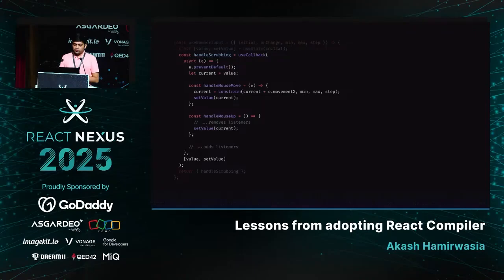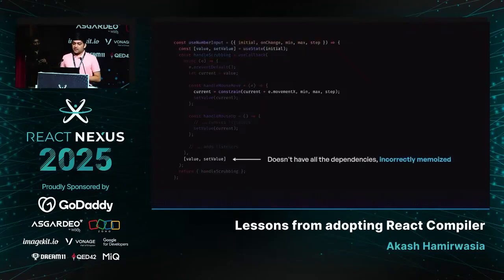And if you notice a problem in this, well, this particular line where I'm passing the dependencies array, it doesn't have all the dependencies defined correctly that this function needs. There are variables called min, max, step, all of these aren't included. So the compiler simply skips this and it decides it's not worth optimizing.